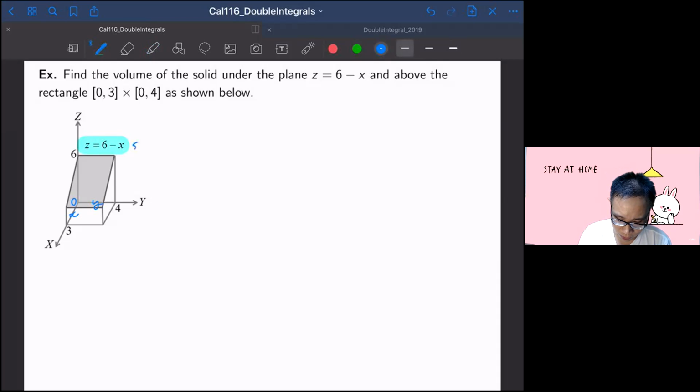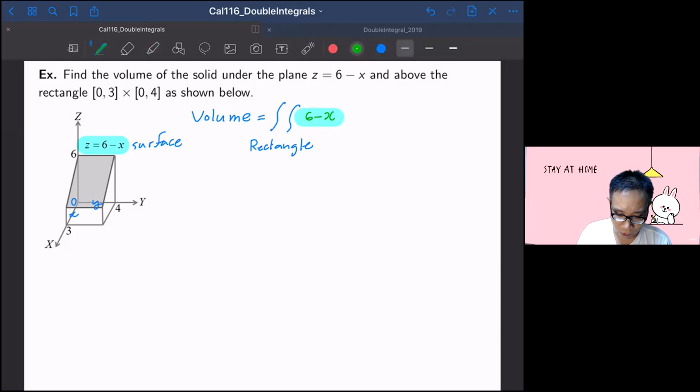So the surface turned out to be z equals 6 minus x. So the volume, if you use the double integral, is going to be the integral over the rectangle. Okay, and the function is 6 minus x, which is the blue function.